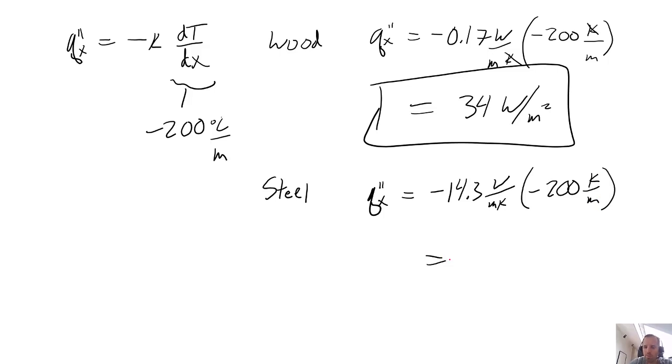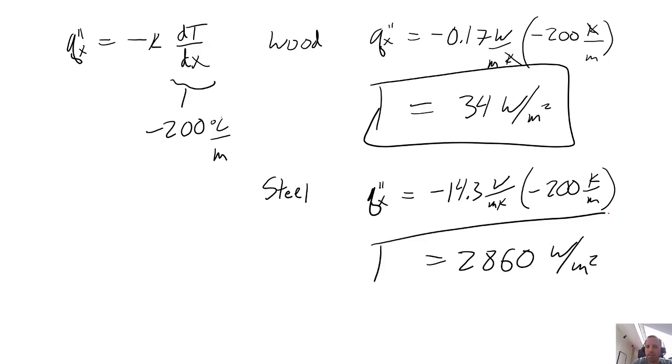We end up with 2,860 watts per meter squared. So if you're trying to insulate your home or your building and you have these two choices available, wood or steel, which one are you going to choose? You can see that wood, because it has that much lower thermal conductivity, means you lose a lot less heat, whereas with the steel, you're losing quite a bit of heat.